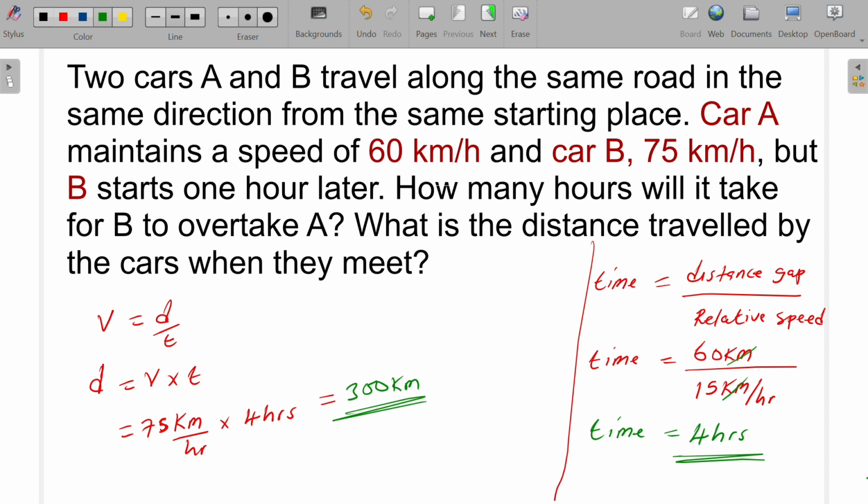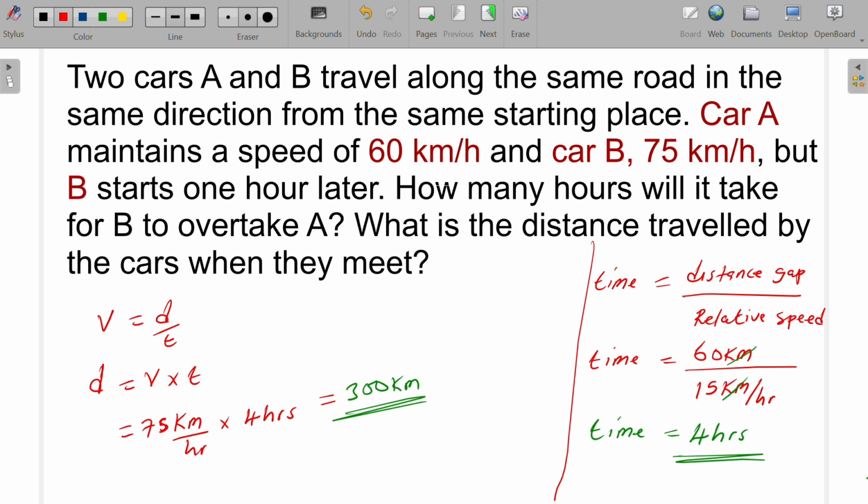So 300 kilometers is the distance that these two cars have covered in order for them to meet. As I said earlier, we can also use car A to find this distance. How can we use that? We can use it in this format, still using the same formula.